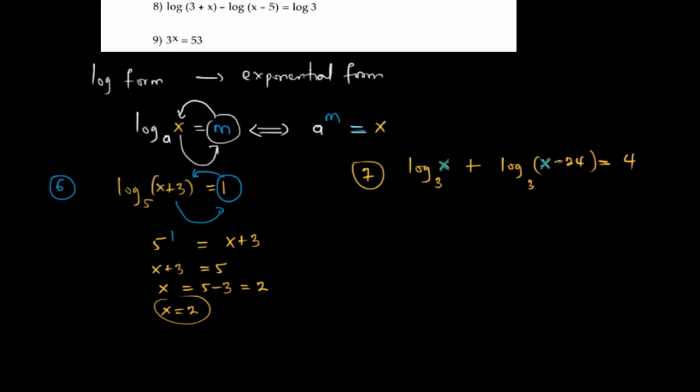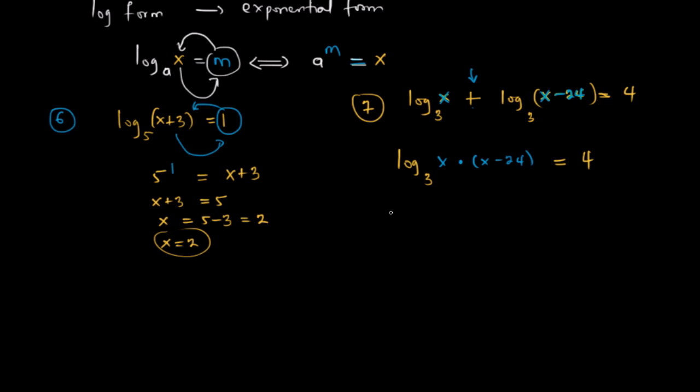You have x and x minus 24. Since you have an addition sign here, I'm going to apply the laws of logarithm that says that we can transform the addition to multiplication. So this becomes the log to the base 3 of x, now the addition becomes a multiplication sign, while you have x minus 24 here. Then this equals 4.